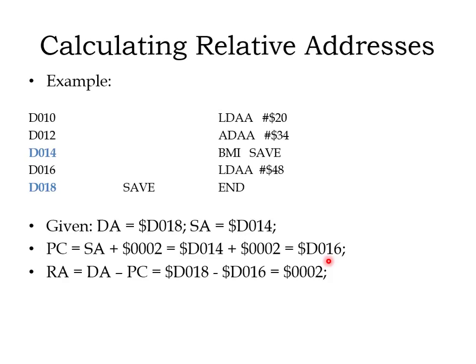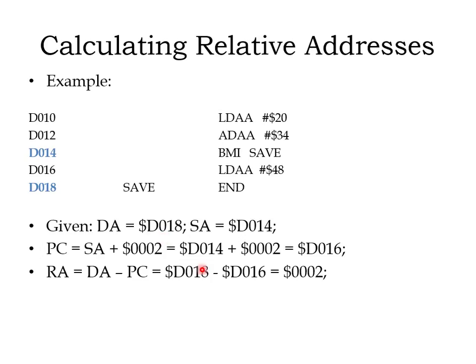Now once I know this PC, all I have to do is plug it into the original formula to calculate the relative address, which was given in the previous slide, right? The relative address is nothing but destination address minus PC. So I know the destination address, which was given in the question, D018.